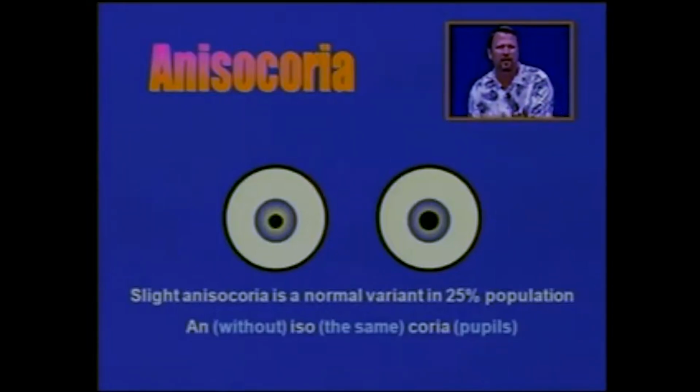Anisocoria means unequal pupils. And slight anisocoria is a normal variant in 25% of the population. And without iso, the same, coria, pupils. That's where anisocoria comes from. So slightly unequal pupils is normal in 25% of the population.